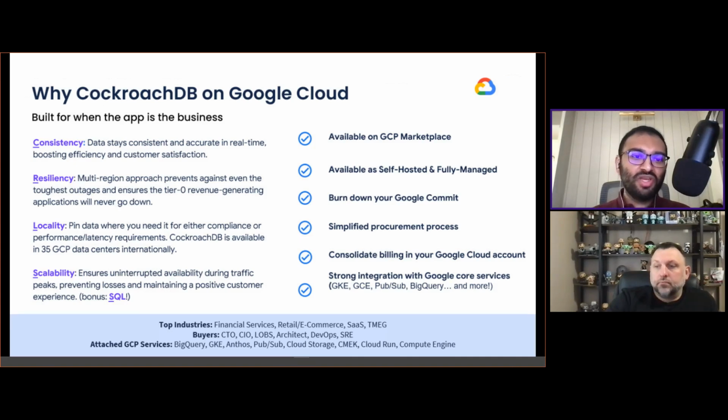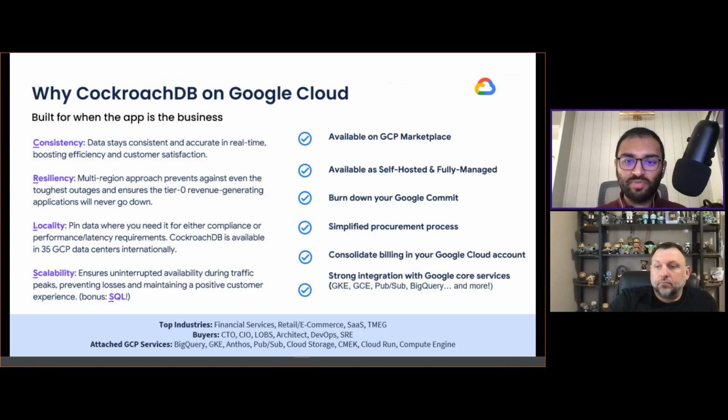And why CockroachDB on Google Cloud? I'm going to keep it short here. It's available on the GCP marketplace. It's very easy to procure through there. Available as self-hosted and fully managed. You remember the form factors I went through earlier. If you are an organization that's looking to burn down your Google commit, that's a great way to do it.